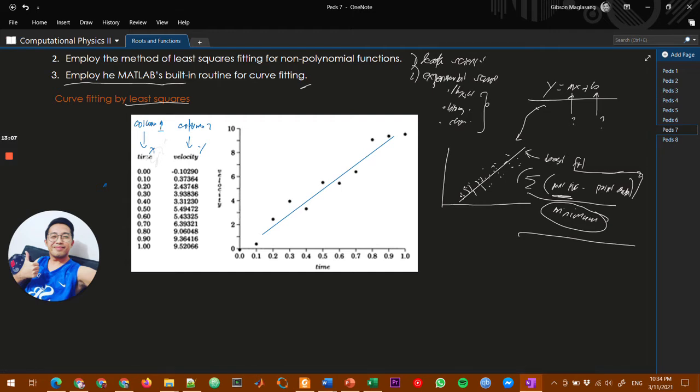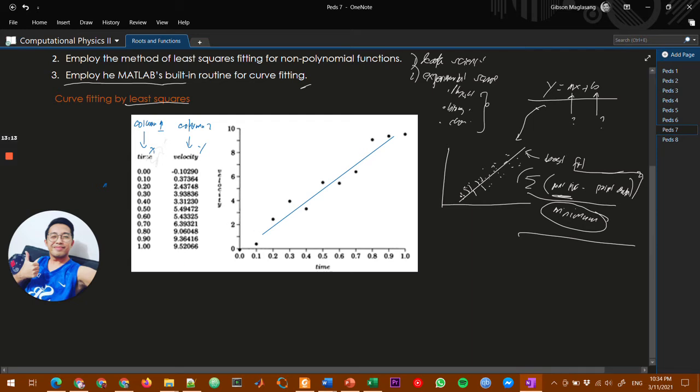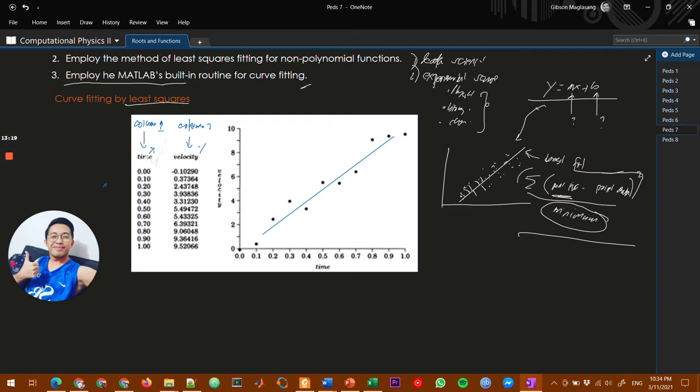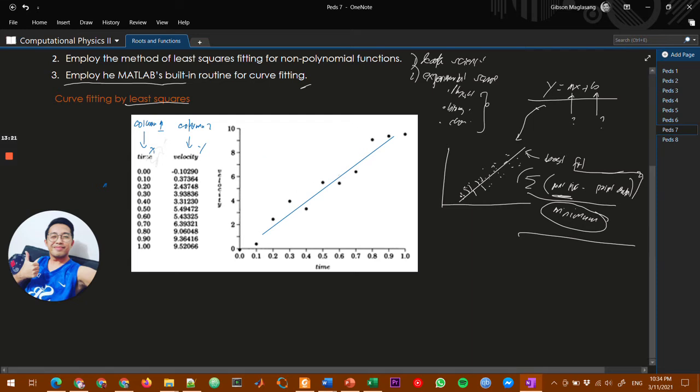From this data we can infer the constant acceleration due to gravity. So we need to find the equation of the line, right? The equation of a line is y equals mx plus b. For this case, y is velocity, right?